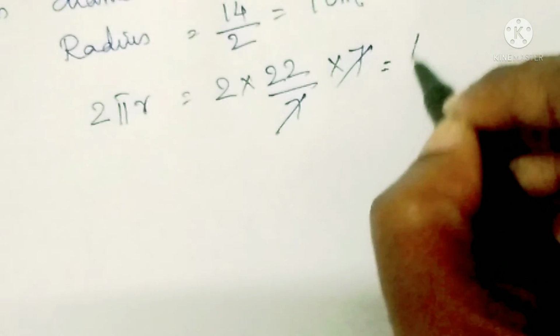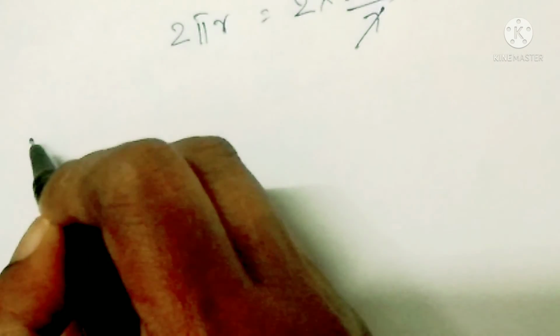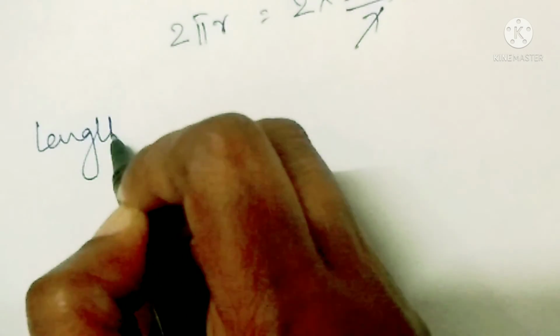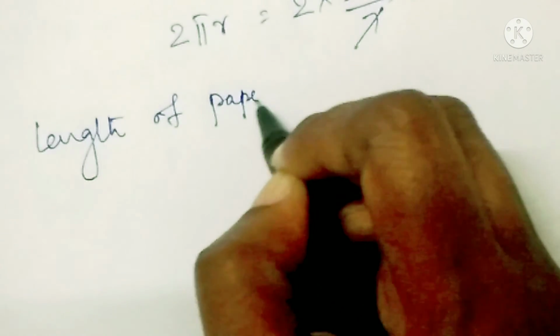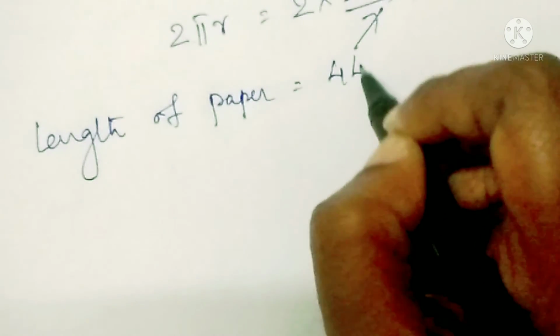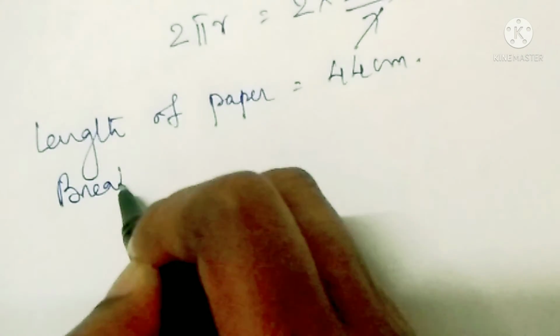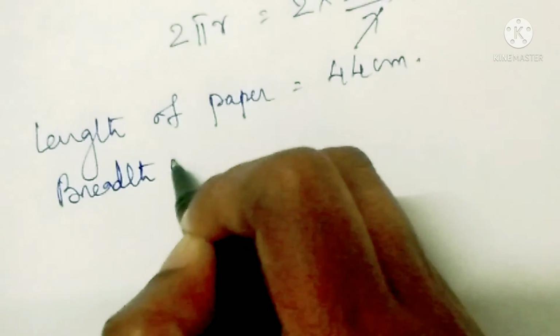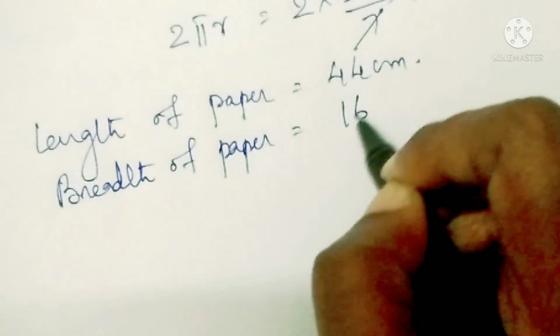That is 44 centimeter. So you got the length of paper is equal to 44 centimeter. Breadth of paper is equal to 16 centimeter.